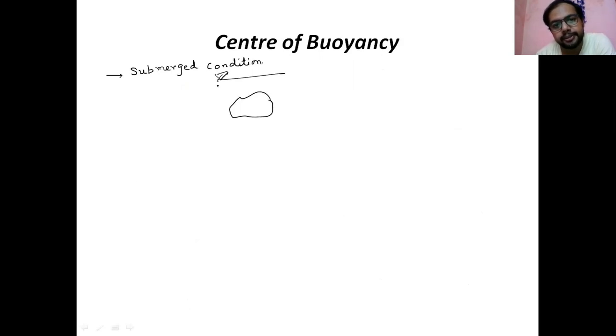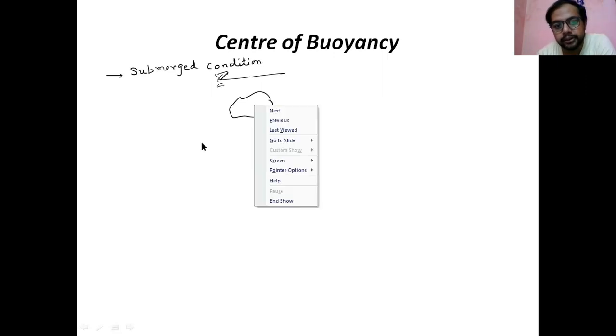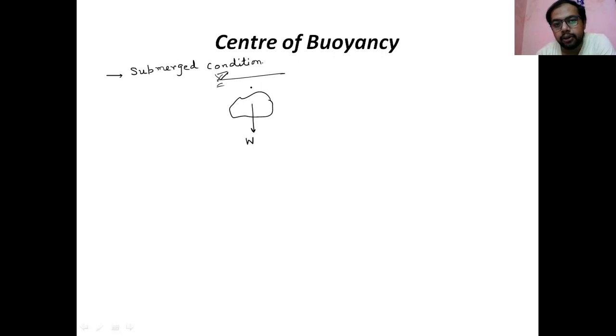In this position, the weight W is acting over the body, and another force is acting upward, that is FB, the buoyancy force. In that case, W is slightly greater than FB. That's why the body is getting submerged.